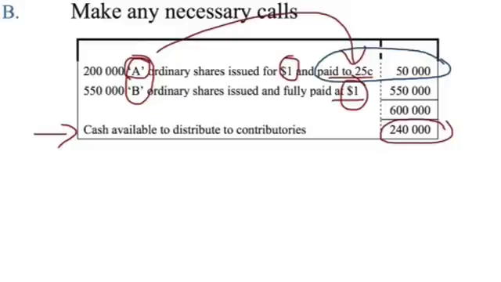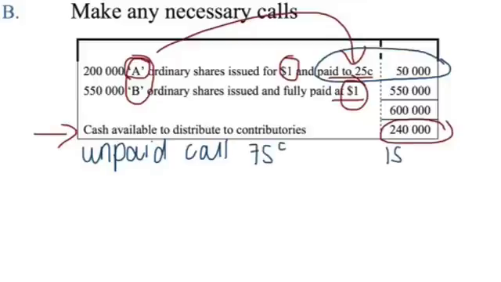So if we add to the cash that actually is available the unpaid call that is available, that is 75 cents per share times the 200,000 shares, equals $150,000.